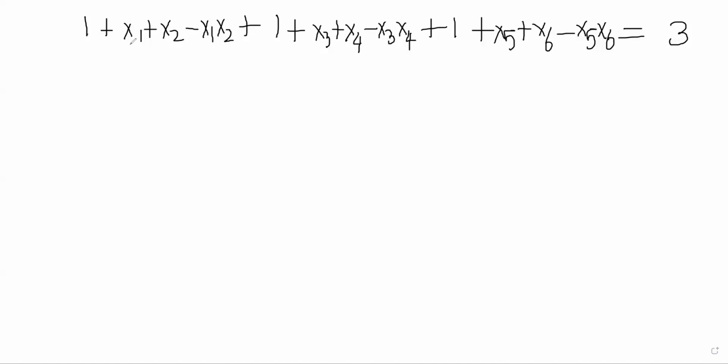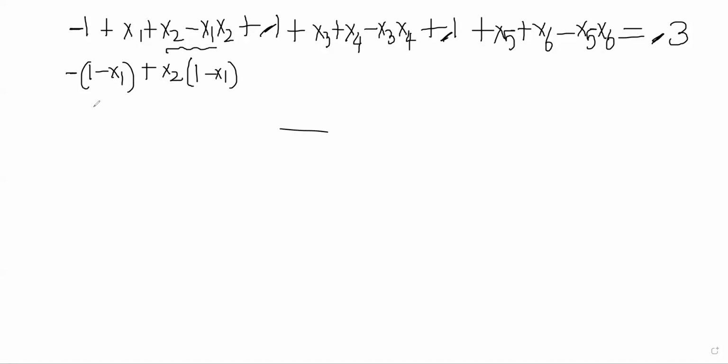This can be factorized now because we can take x2 common here, the 1 minus x1. I don't have 1 minus x1, so perhaps I should have added minus 1. If I had added minus 1, what would I get? x2 common, 1 minus x1 and minus 1 minus x2, correct. So I should have added minus 1 on all sides. If I add minus 1, I'll get a minus 3, right?